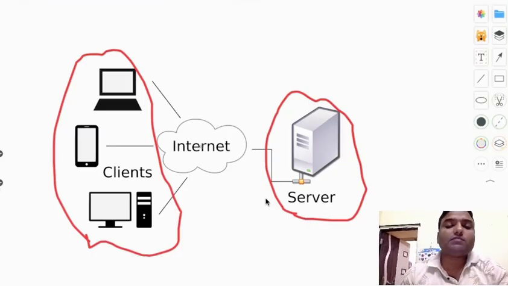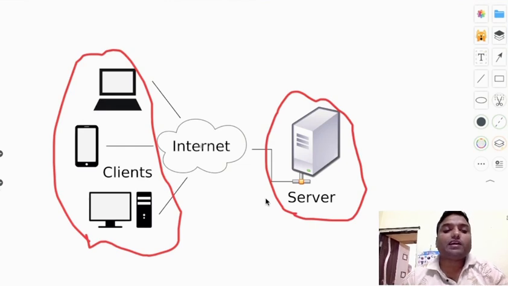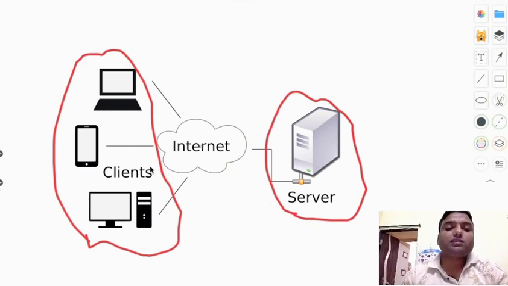So now the question comes, what is the web? Web is basically the World Wide Web. In short form, we call it the web. World Wide Web is a system of interconnected resources, that is documents, files, images, videos or applications, and it is shared and interconnected by various means.